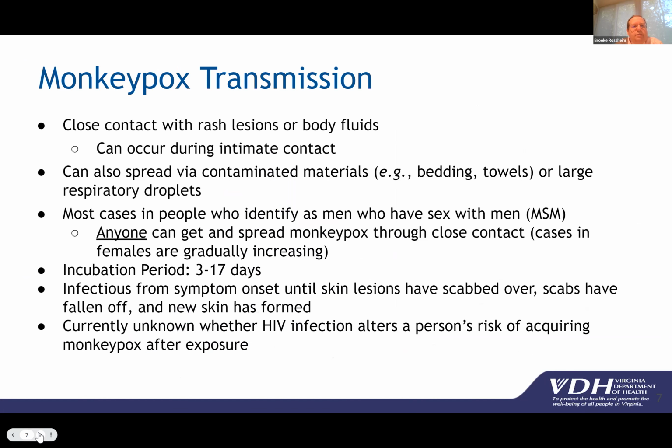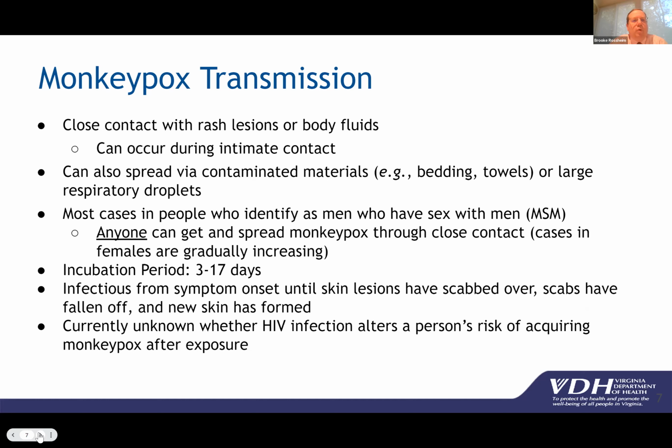Let's talk about the transmission of monkeypox. The main mode of transmission is close contact with rash lesions or body fluids. This can occur during intimate contact. One thing I do want to note is that intimate contact could be sexual contact, but it can also be non-sexual intimate contact.